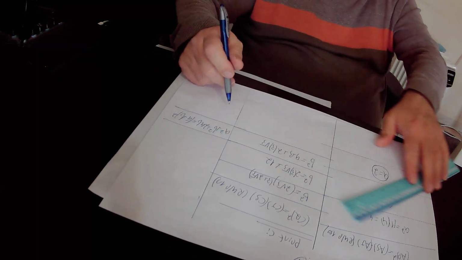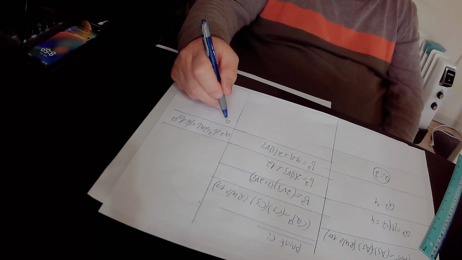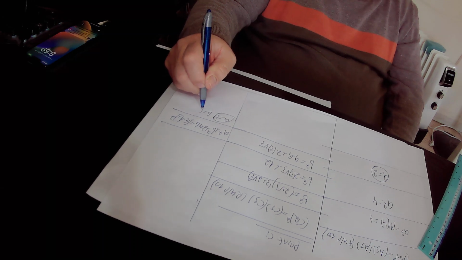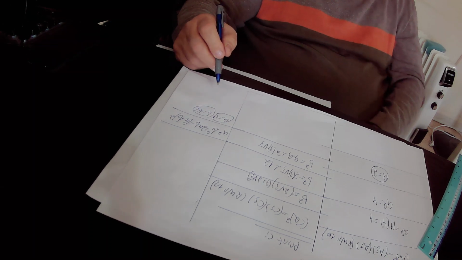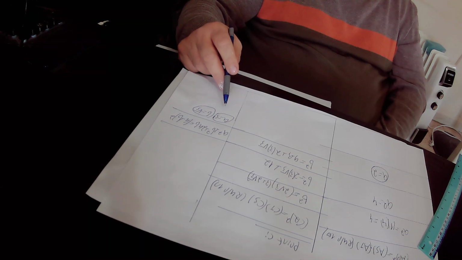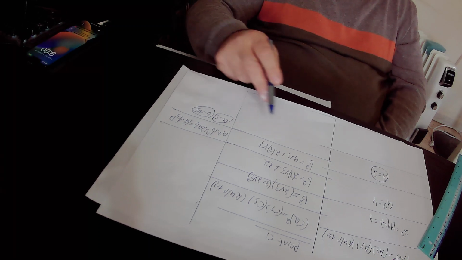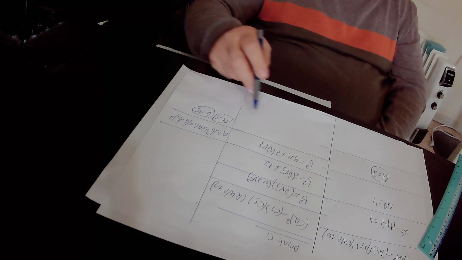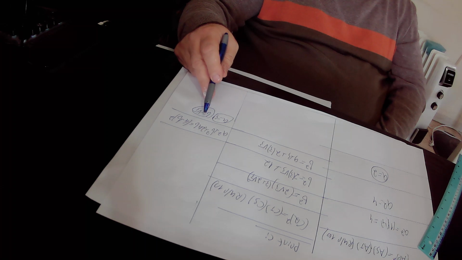Because if we define a as 3 and b as square root of 3, we get exactly that. If a is 3, then a squared is 9, because 3 squared is 9. b is square root of 3, therefore b squared is square root of 3 squared, that is 3, so we have here 9 plus 3, plus 2 times a times b.